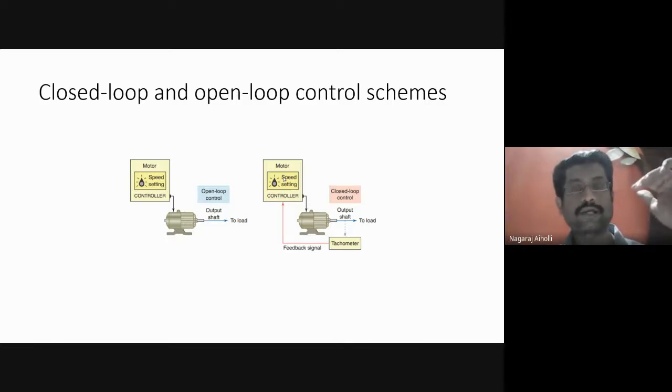It compares the feedback signal, the speed of the motor, with that reference value, and thereby it tries to reduce the error. That we'll see next, and that is what is called a servo motor. So this is one example that I am explaining, called the closed loop control system. It is also called a feedback loop or closed loop control system. And the first one is the open loop control system.